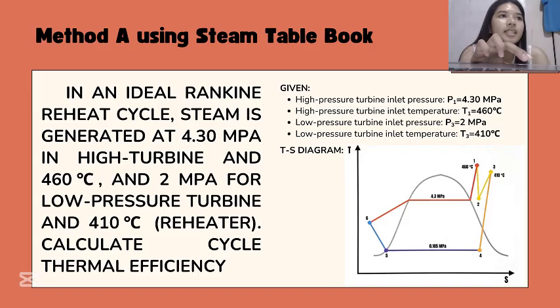Our analysis utilized the principle of thermodynamics applied to an ideal Rankine reheat cycle. The thermodynamic properties of steam at key points in the cycle were determined using steam tables, allowing us to track the changes in enthalpy and entropy through the process.